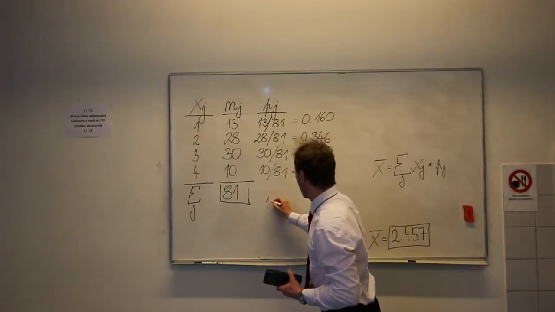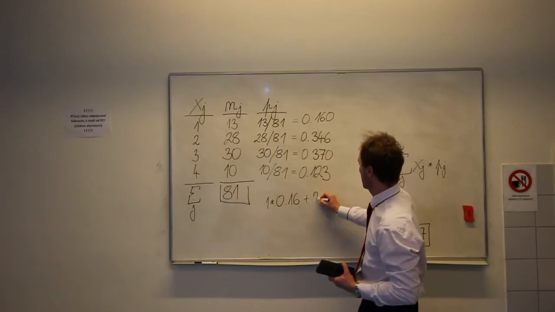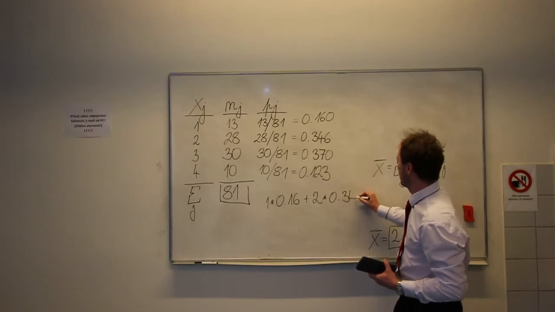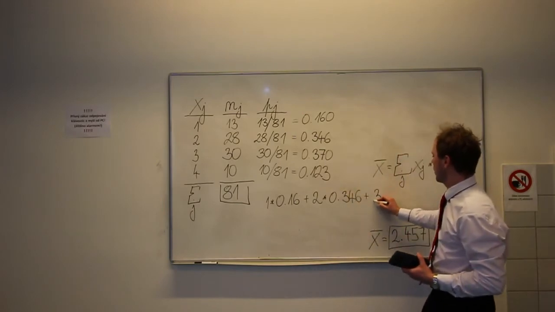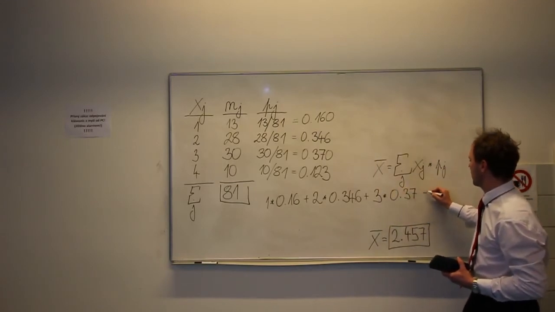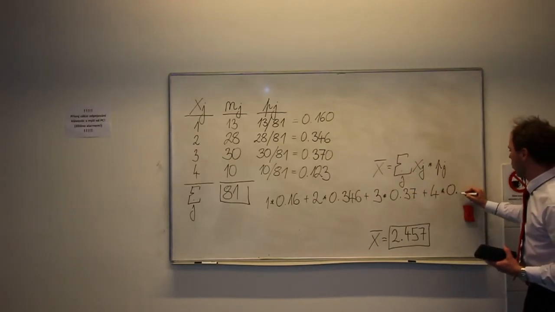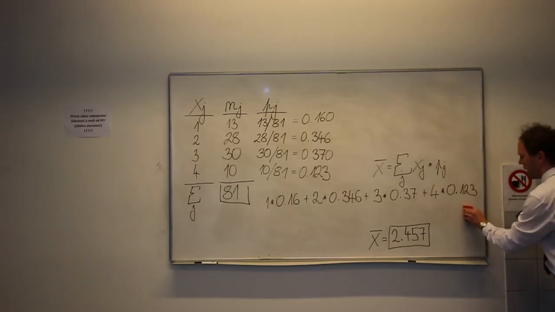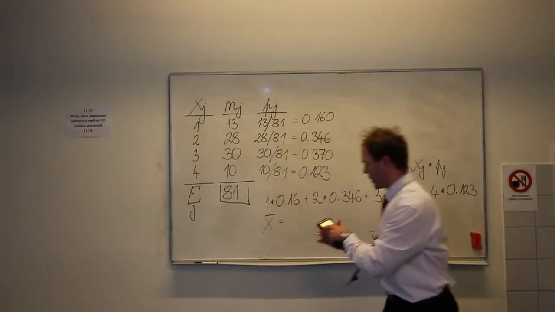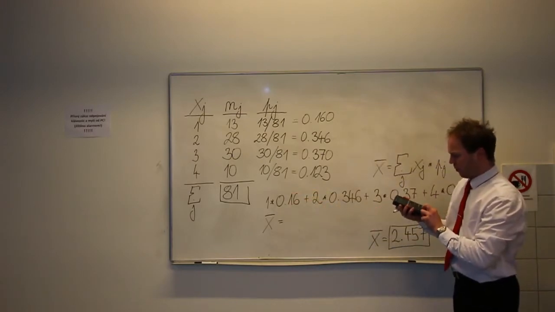So value 1 weighted by 0.16 plus value 2 weighted by 0.346 plus value 3 weighted by 0.37 plus value 4 weighted by 0.123.